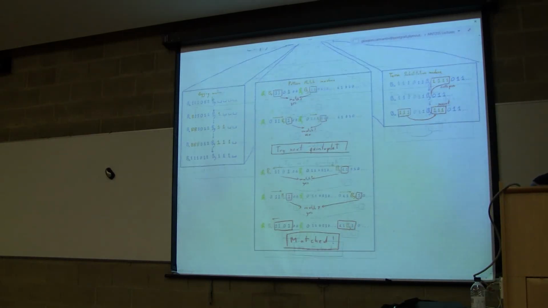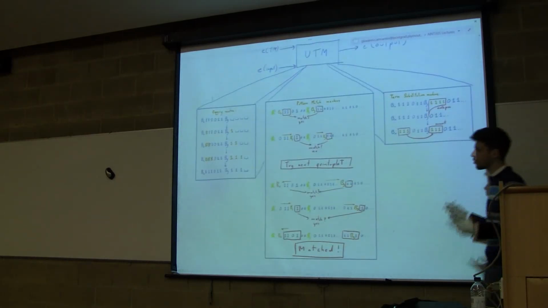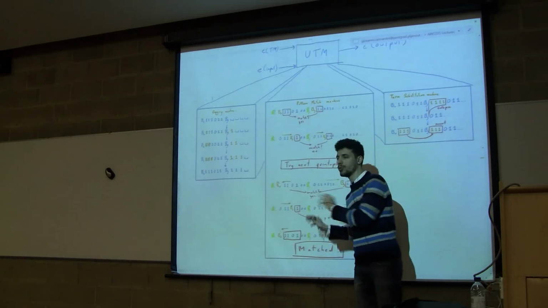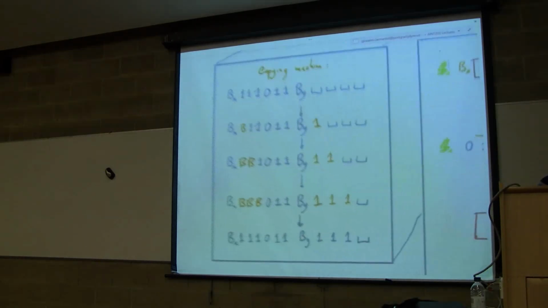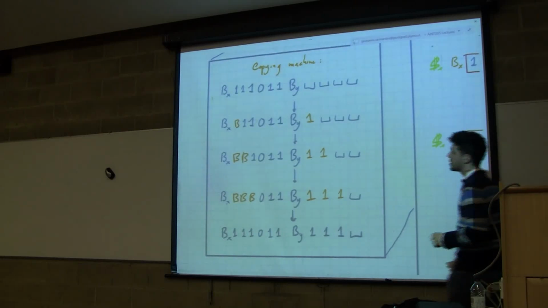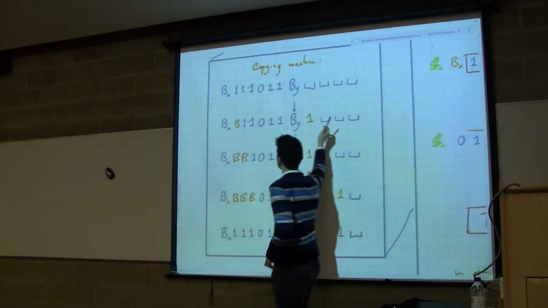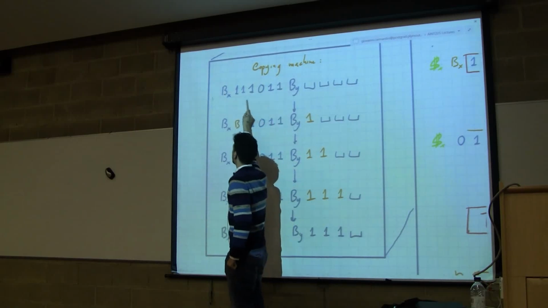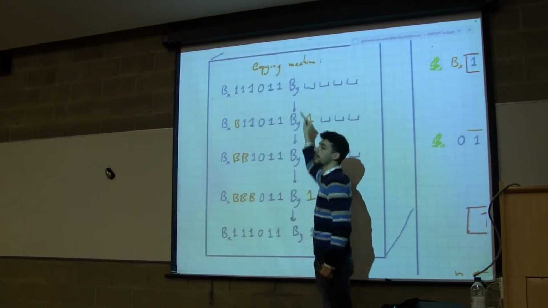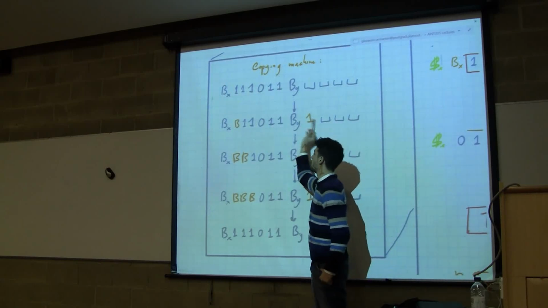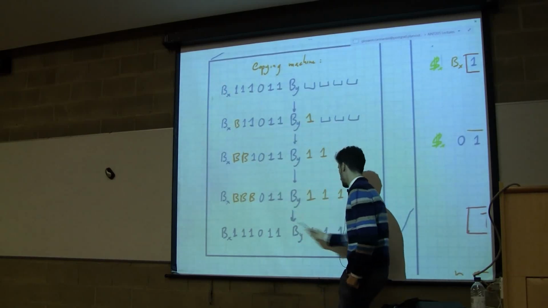And it relies on the presence of 3 subroutines. So you need 3 subroutines to run the universal Turing machine. One will be the copying machine. It's simply a machine which takes a string of ones and puts it on the other side of a marker. So you see it's a copy machine. Copy, paste, copy, paste, copy, paste.